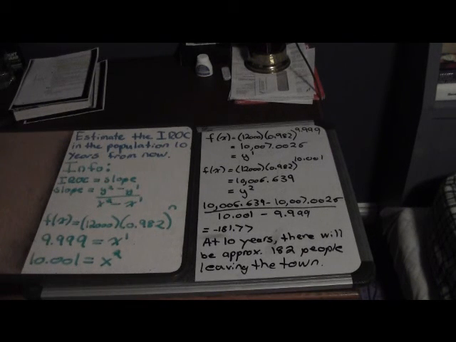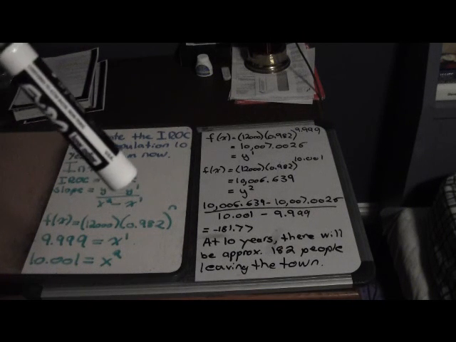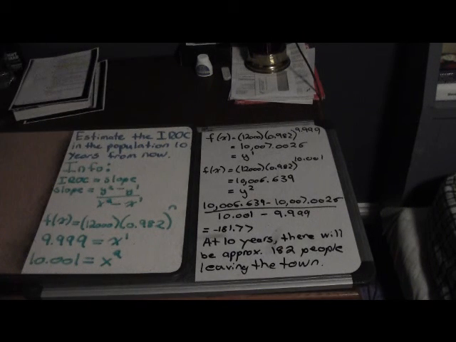So therefore, to find the IROC, we need to find the slope. And to find the slope, we need the equation y2 minus y1 over x2 minus x1. Now, we know that our base equation is f of x is equal to 12,000 times 0.982 to the n.